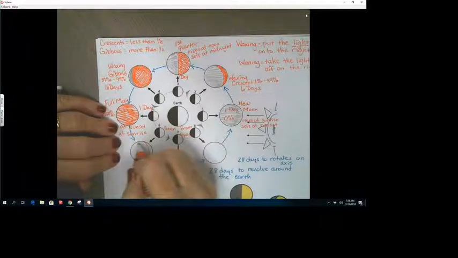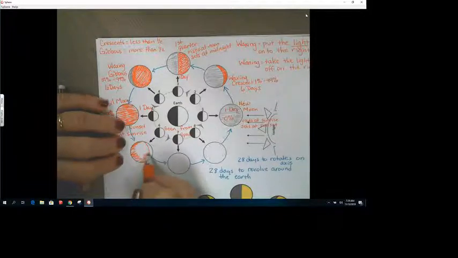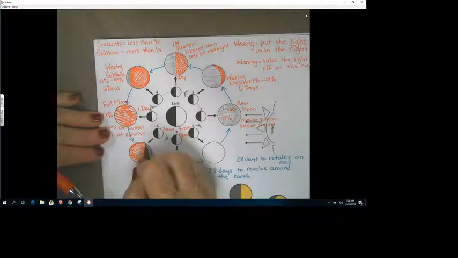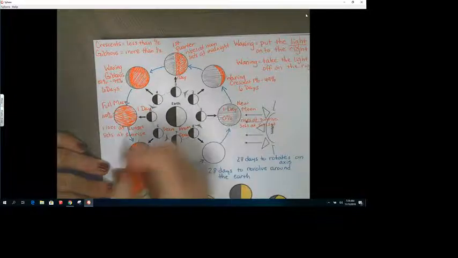So it's going to be over here. It's colored. Okay, so we have our waning gibbous.